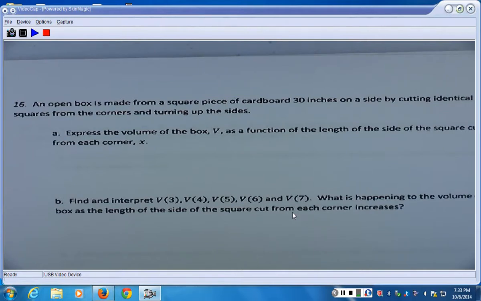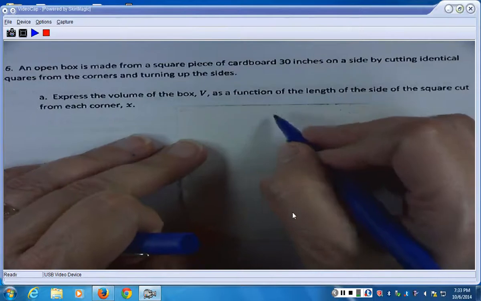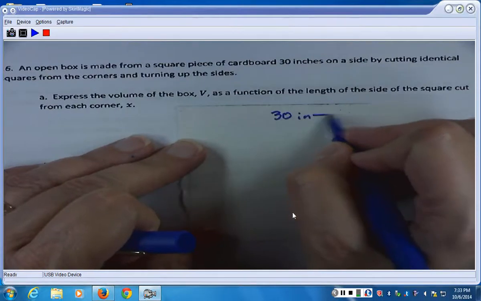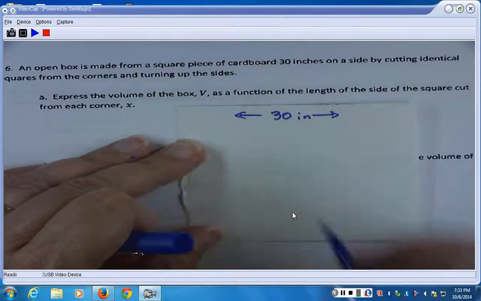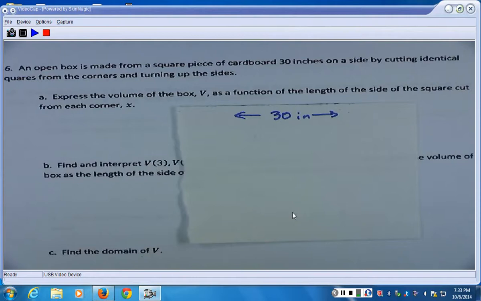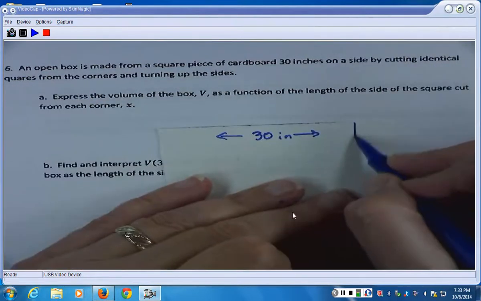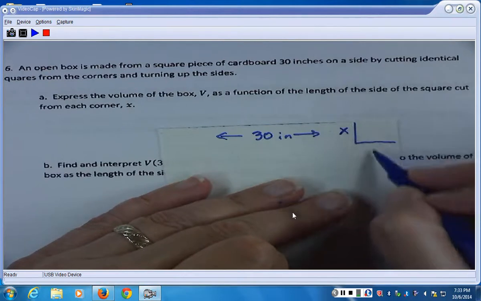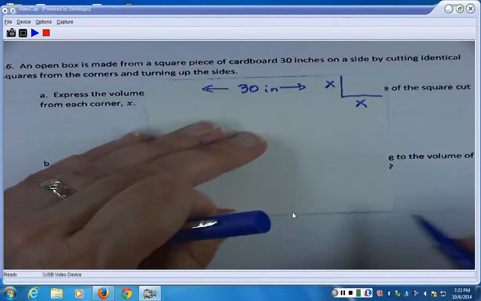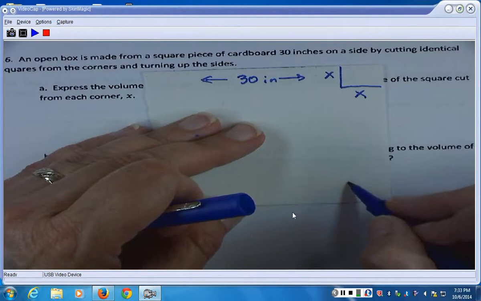So this is 30 inches on the side. With the square, if I just remove some amount x from each corner, that would mean I just cut this away.